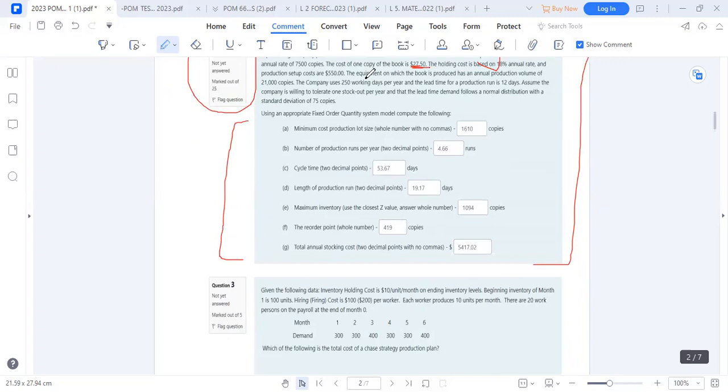Then we have the other one, which is the length of production run.